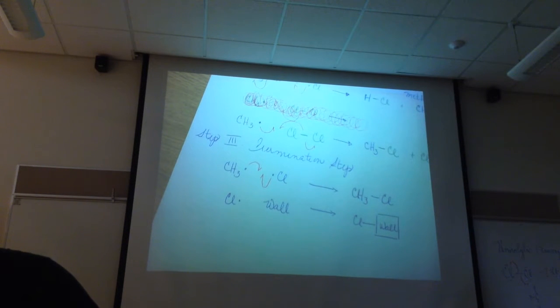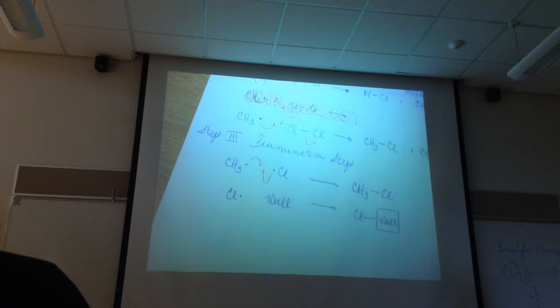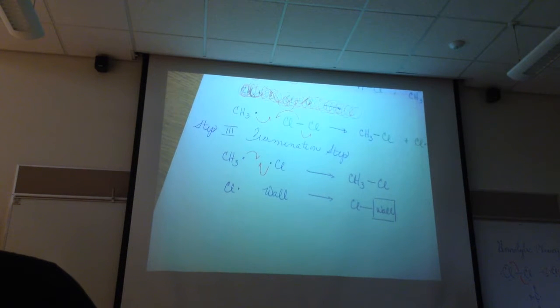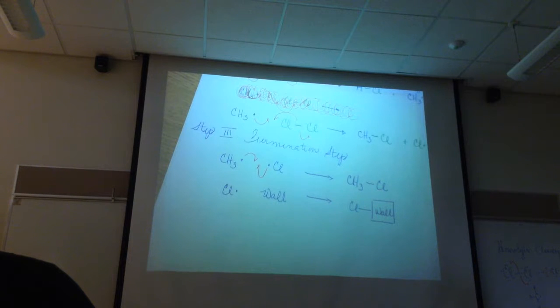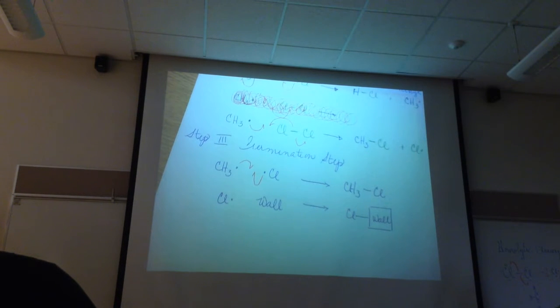So these are the basic steps of your mechanism for your free radicals, right? You can already imagine the amount of information that we can get here. In a typical reaction of these, you can have methane be converted into 1 chloromethane, 2 chloromethanes, 3 chloromethanes.